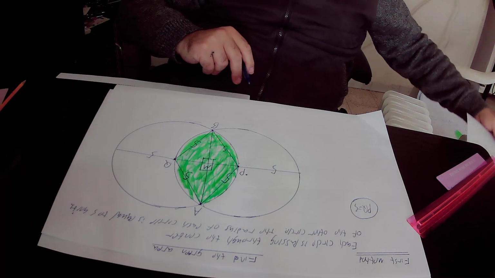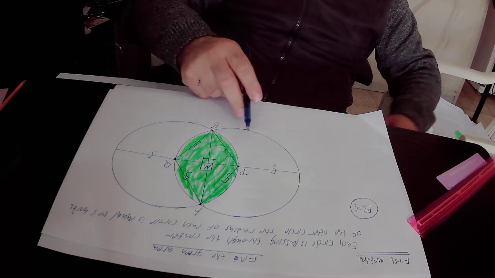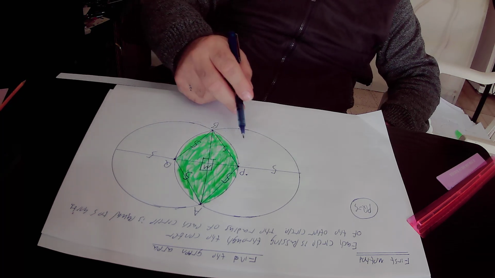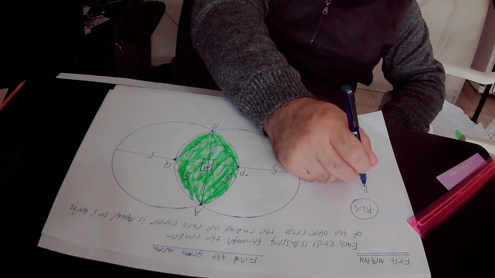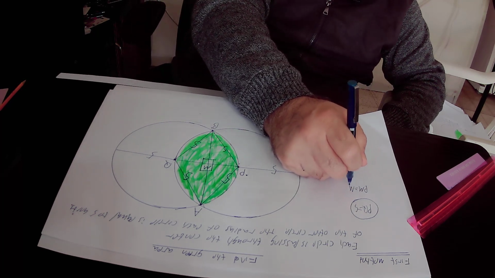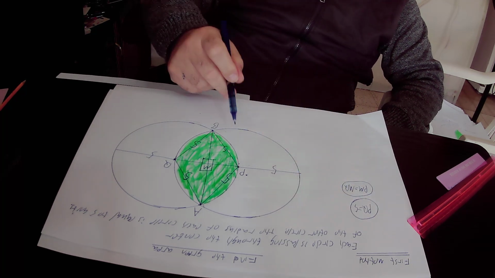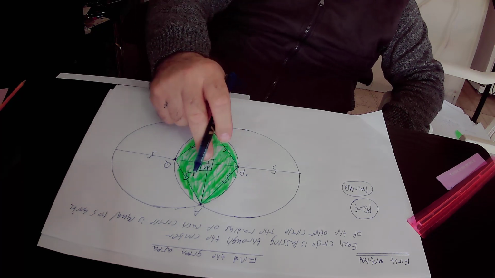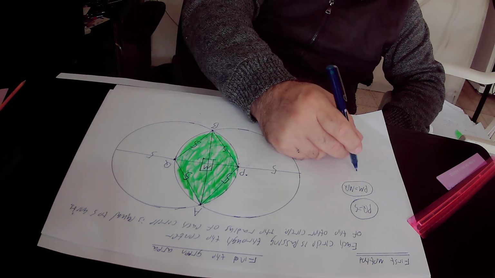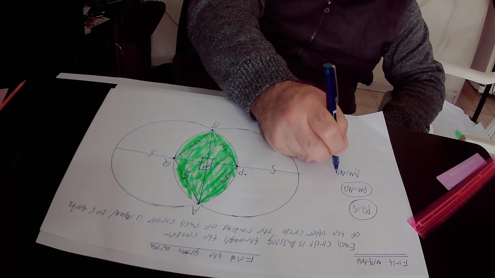Okay, so the diagonal AB bisects diagonal PQ, that is to say PM equals MQ. And we also know that the diagonal PQ bisects diagonal AB, that is to say AM equals MB.